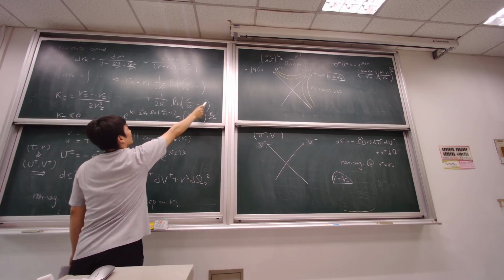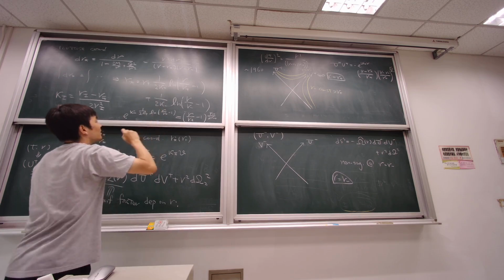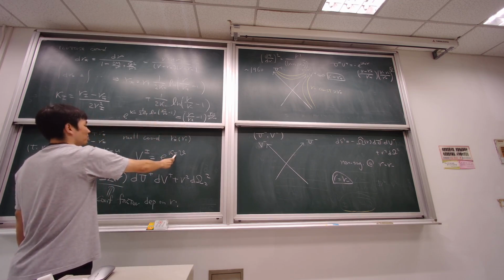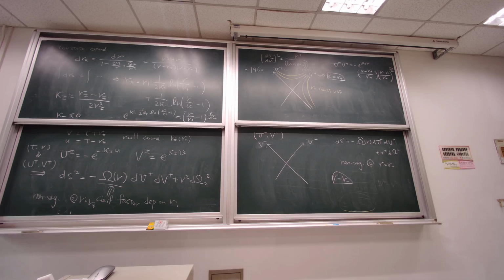This becomes minus infinity, and this is a minus sign, so therefore plus infinity. But here you have a negative sign, so therefore this becomes 0, looks to me. But it's the same thing for u, right? Both u and v vanish simultaneously. Looks to me that's the case. That's why I got confused.